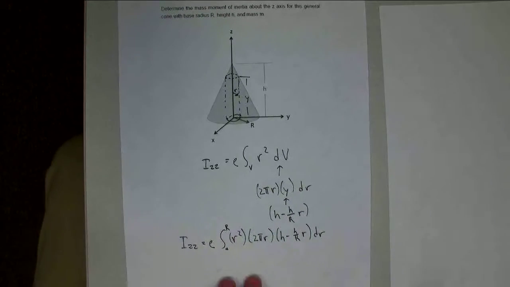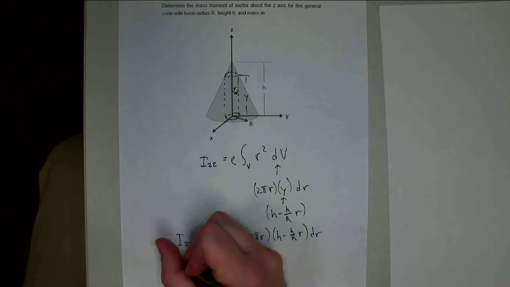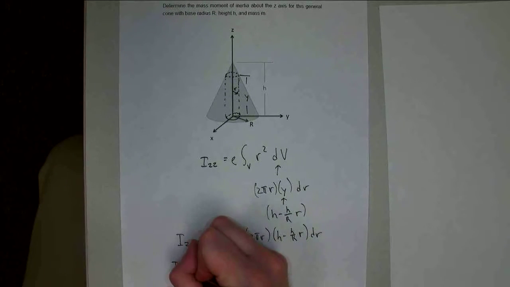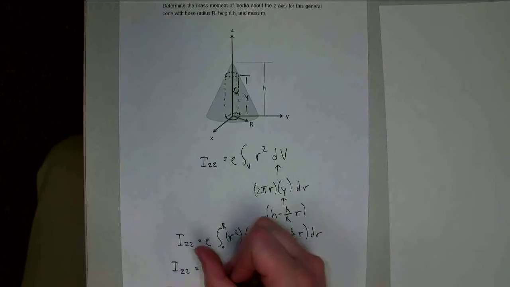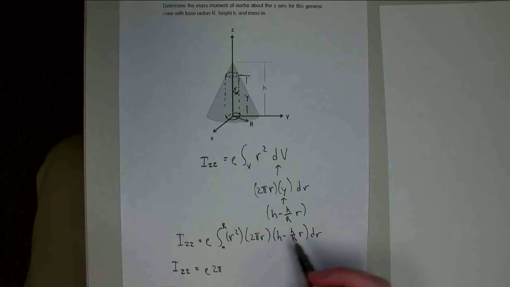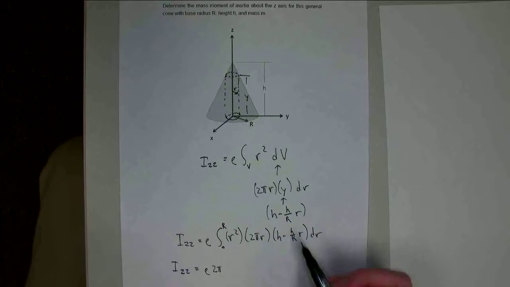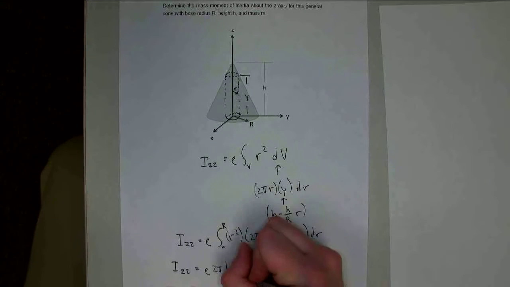Alright, so I want to move everything that is a constant outside of my integral. So when I do that, Izz has density, this 2 pi is going to move out, and there's an h and an h, so I can factor out that h, and then I've got to figure out what's left inside.